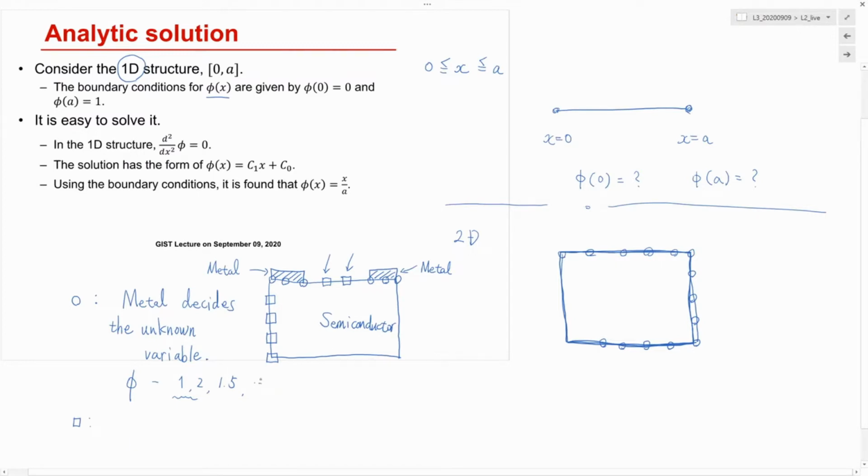So we have to describe the boundary condition at these non-contacted points, and it really depends on the problem. However, let me just give you the practical answer to this question. In principle, what is the boundary condition for this squared point which is not attached to the contact?